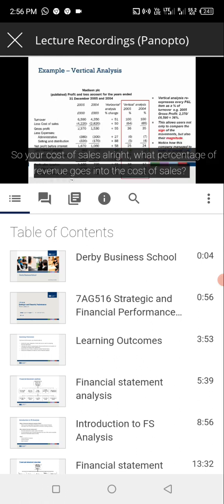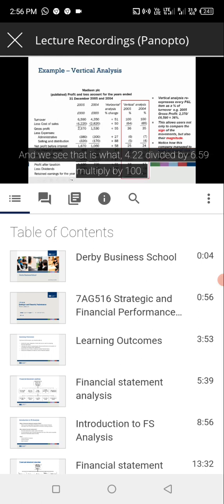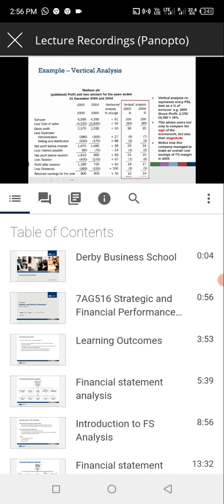So, your cost of sale, all right? What percentage of your revenue goes into the cost of sales? And we say that is 4.22 divided by 6.59 multiplied by 100 over 1. Is that okay? And that will give you 64%. Have you tried it? Just try.